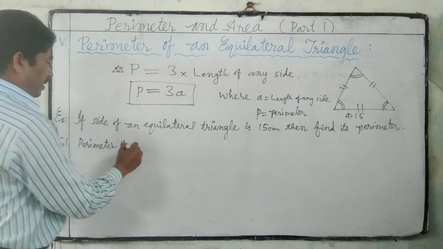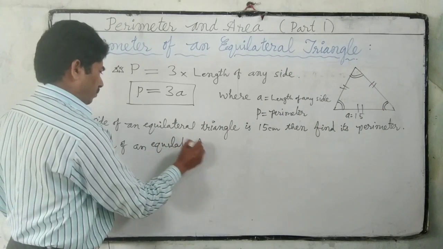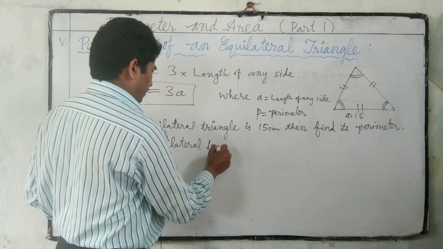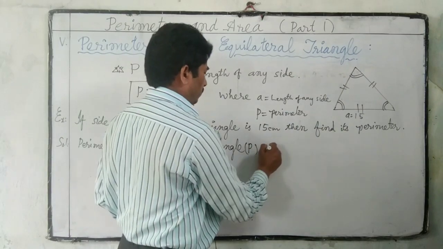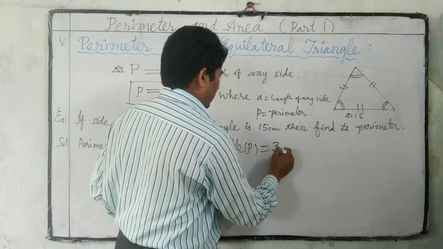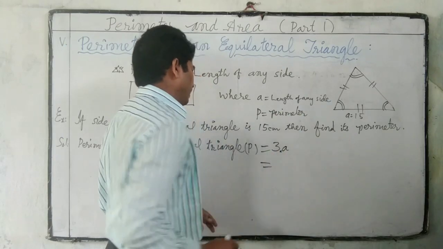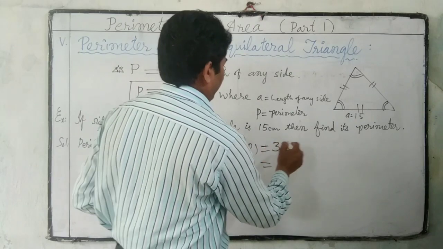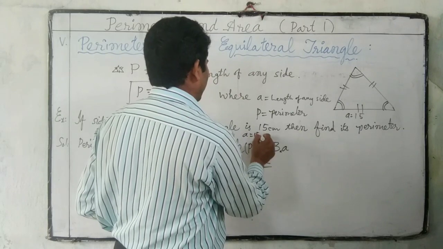Perimeter of an equilateral triangle P is equal to 3 into A. Here given side of equilateral triangle A is equal to 15 centimeters.